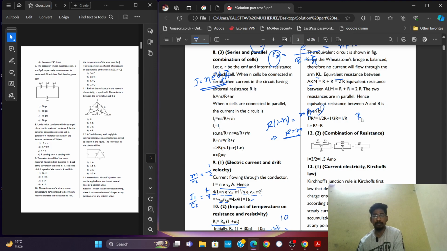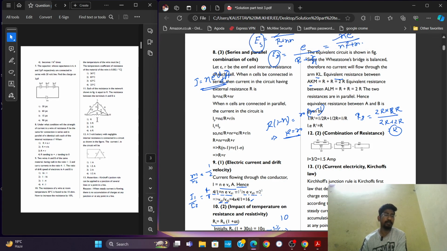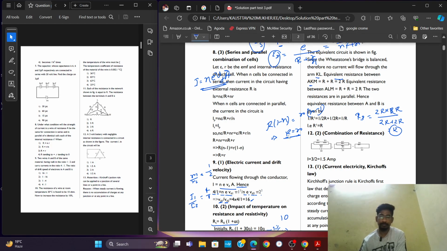That means Rp equals the multiplication of the resistances divided by the addition of these two resistances, that means 2R times 2R by 4R, and the 4R cancels out. So the equivalent resistance at the A and B terminals is equal to R.